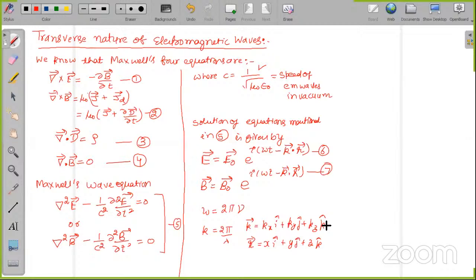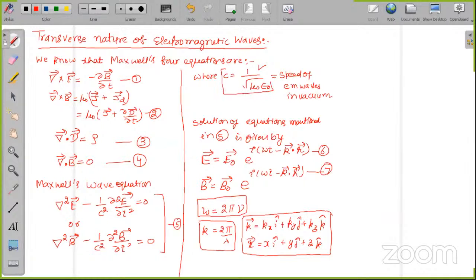If you use all these values that I have told you, this one which I have put in a box, this one, this one, and this one, then it will be easy for you to show that these equations are solutions of equation 5. I guess you will take this challenge very happily.